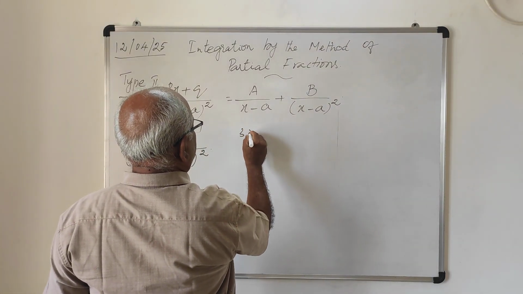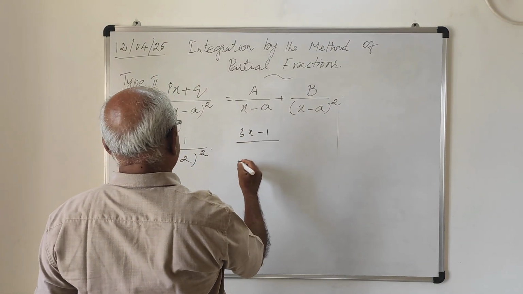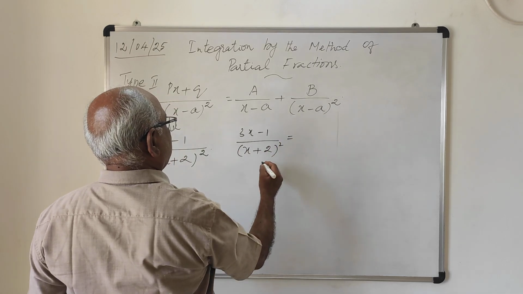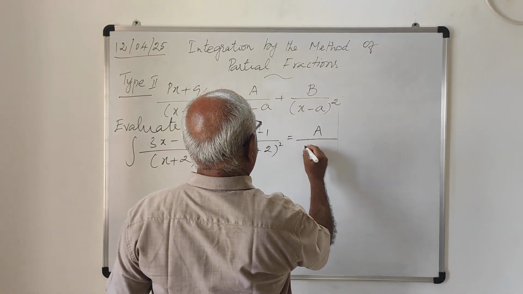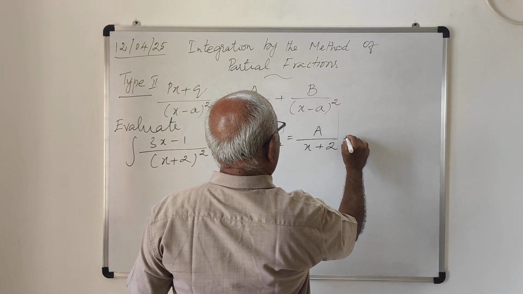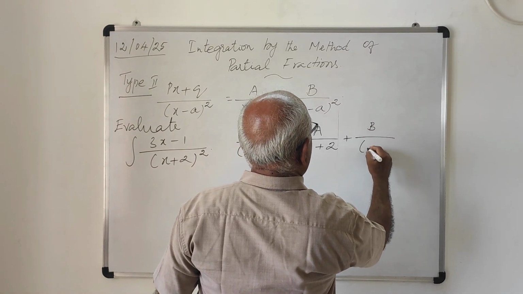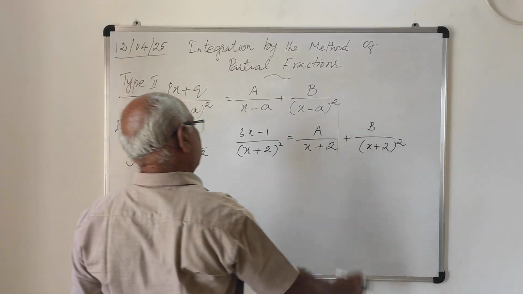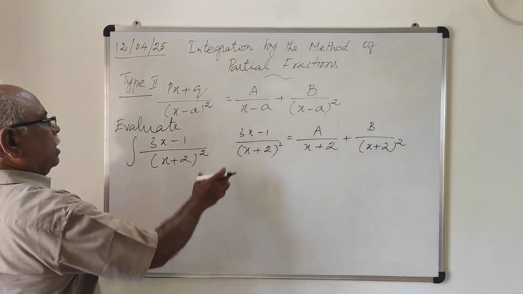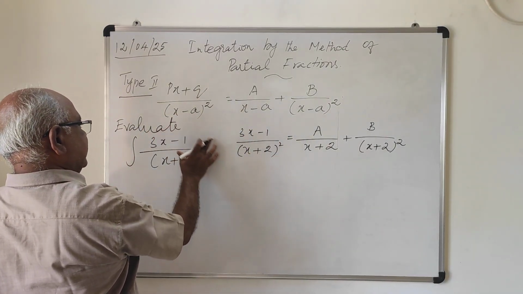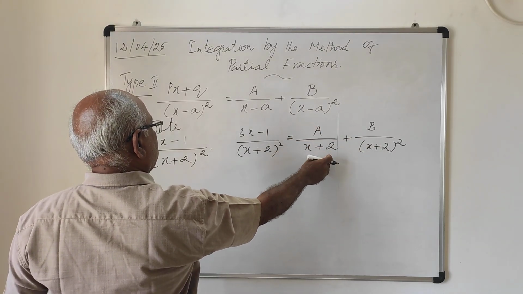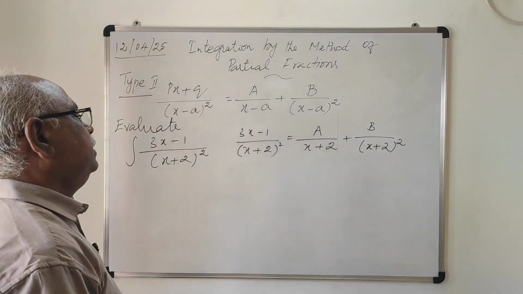Therefore, 3x minus 1 by x plus 2 the whole square can be written as a by x plus 2 plus b by x plus 2 the whole square. Like that, you have to split into partial fractions. The integrand is split into two terms of the form a by x plus 2 plus b by x plus 2 the whole square.